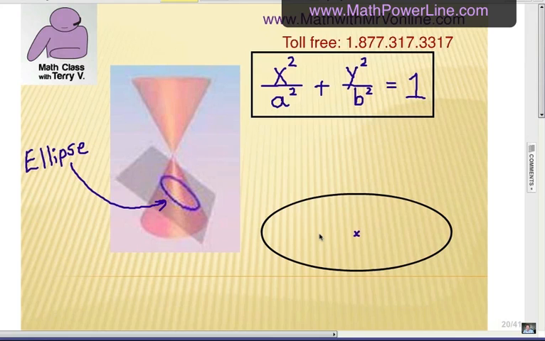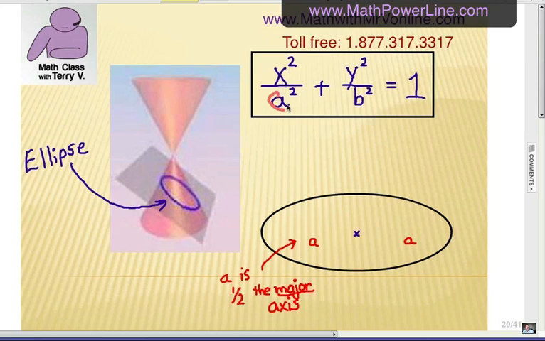What we're going to focus on is the actual formula, which looks somewhat like this. We have x squared over a squared plus y squared over b squared, and it has to equal 1 in order for this thing to work. All right? Now let's go ahead and focus on a squared. What is the a? Notice it's an a squared value underneath the x squared.